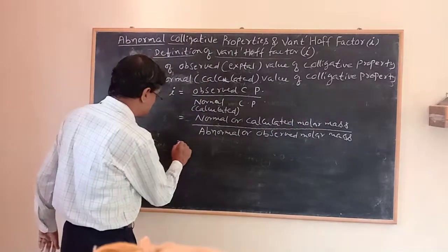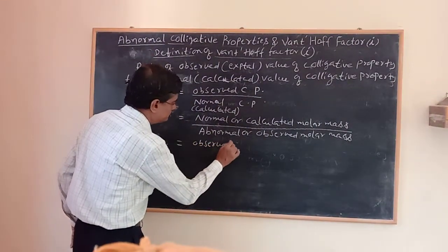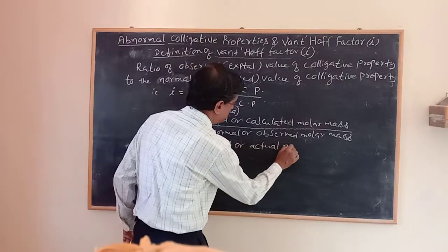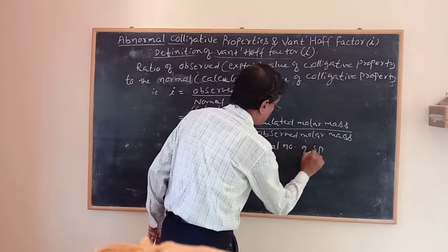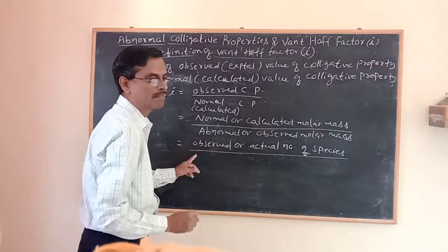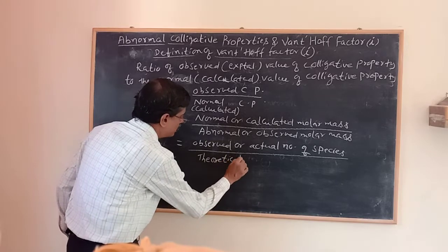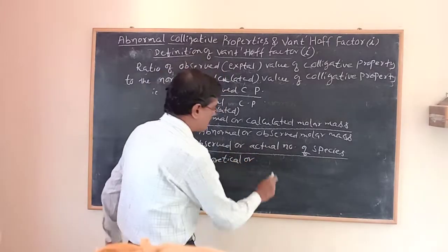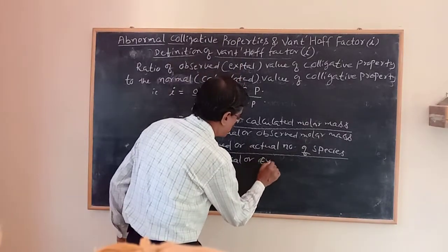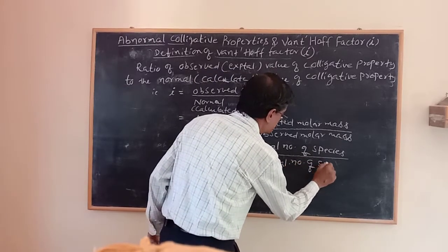You can write this in another form also: observed or actual number of species to the theoretical or expected number of species.